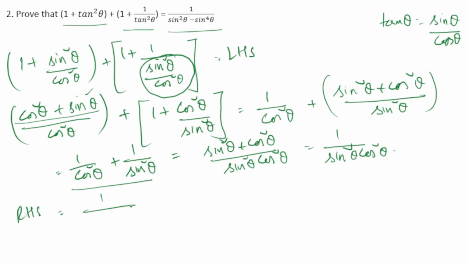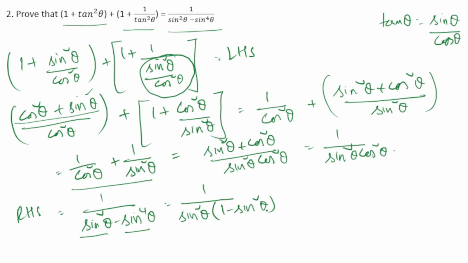Okay. It is 1 by (sin square theta minus sin power 4 theta). So here we have sin square theta and sin power 4 theta. So we will take sin square theta common. So here 1 by sin square theta into (1 minus sin square theta).